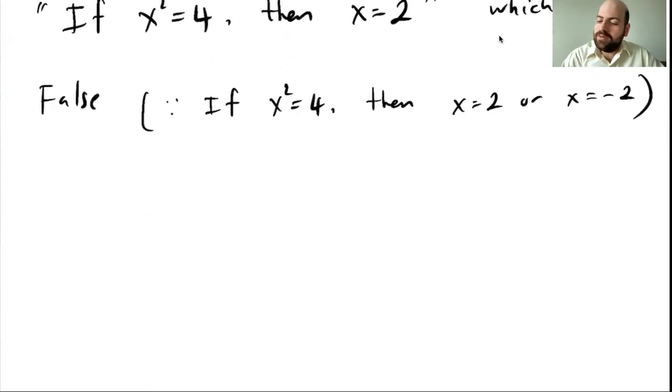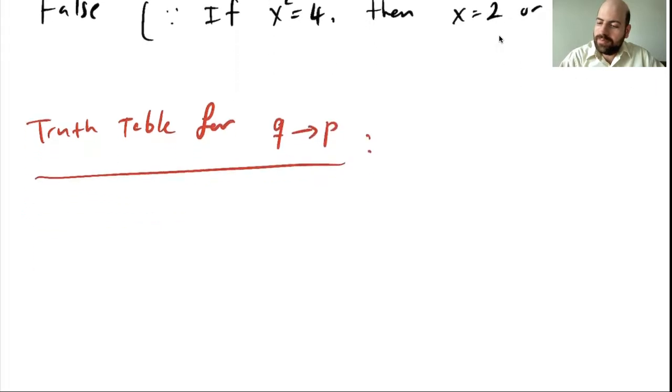Okay, so the truth table for Q implies P. How does the truth table look like?